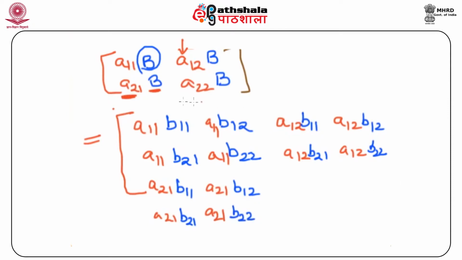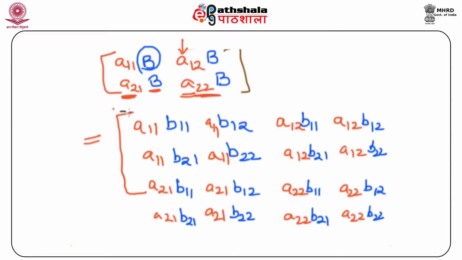Now it is obvious how we expand A22 into matrix B: we write A22 at these places and multiply it by B11, B12, B21 and B22.